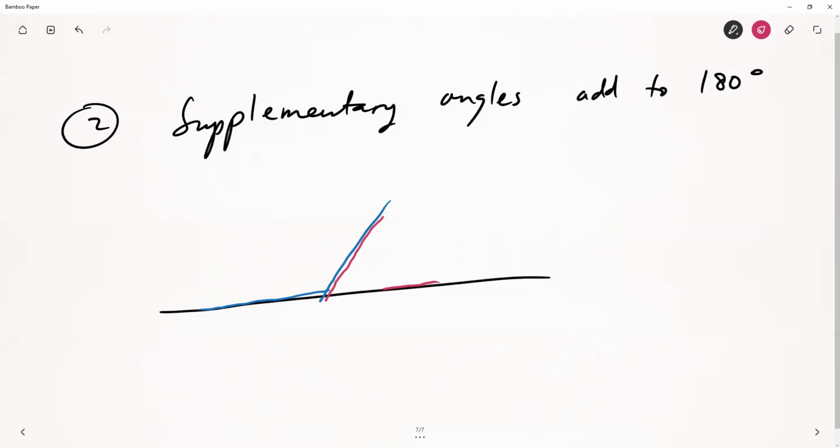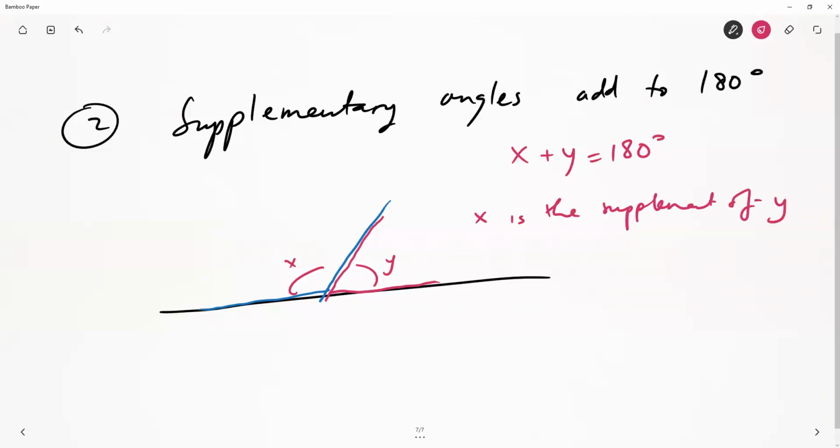Let's call this angle X and this one Y, so X plus Y make 180. It is said here that X is the supplement of Y, or Y is the supplement of X.